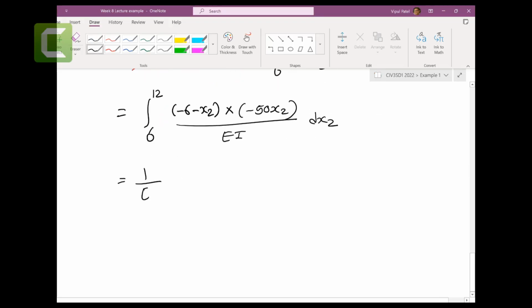And then 1 over EI, 6 to 12, expand this bracket, 300 x2 plus 50 x2 square dx2, right?